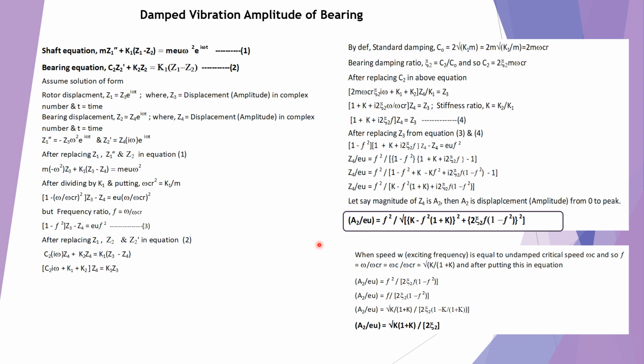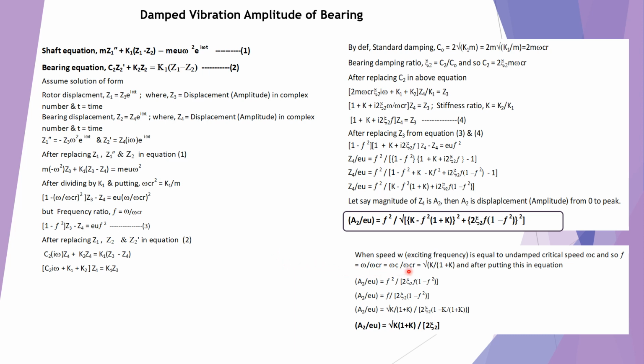So we can write A2 upon e_u is equal to f square upon the square root of [(K minus f square (1 plus K)) whole square plus (2 zeta 2 f (1 minus f square)) whole square]. So this is the expression for the amplitude of the bearing.